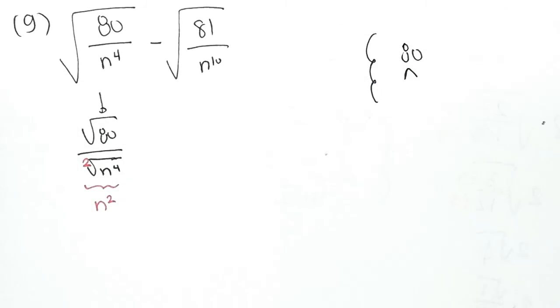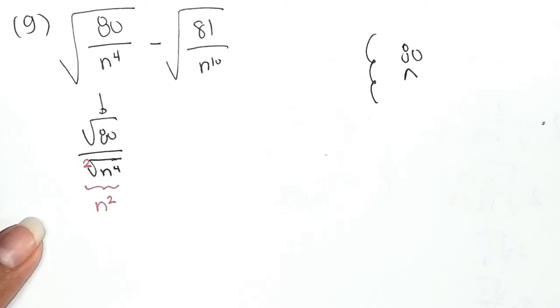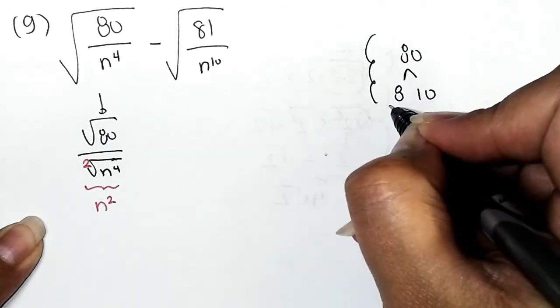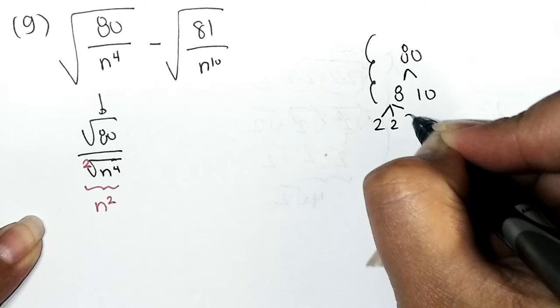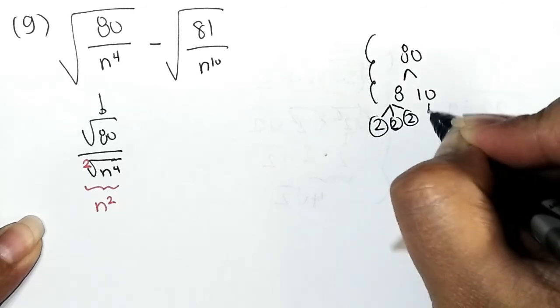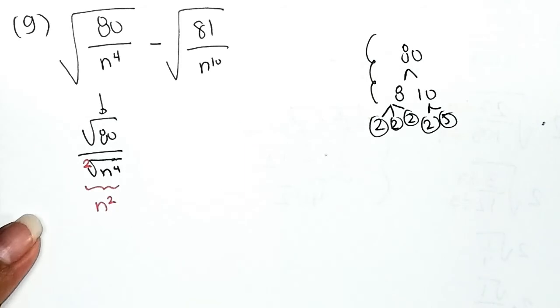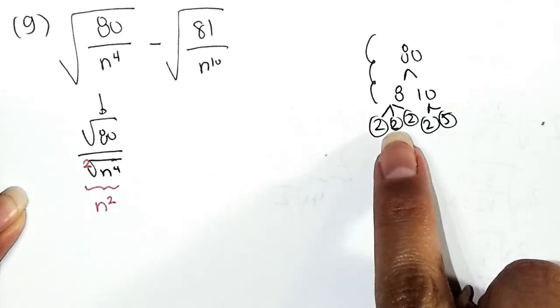Okay, so 80, where am I? One way to write it is 8 times 10. We branch out 80. I'm going to do 3 branches because I'm an overachiever. And then 10 is the same as 2 times 5. So thanks to our hard work, we have that 80 is the same as 2 times 2 times 2 times 2 times 5.